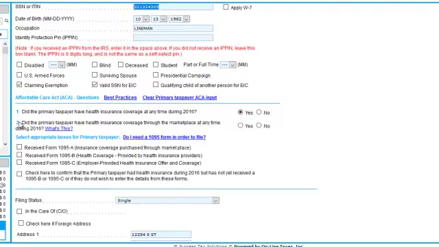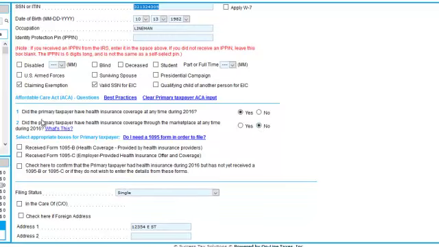More questions populate. Did the primary taxpayer have health insurance coverage through the marketplace at any time? We're going to say no for this one. If you did, you're going to have some paperwork to prove it, because they're going to ask you that a little bit later.